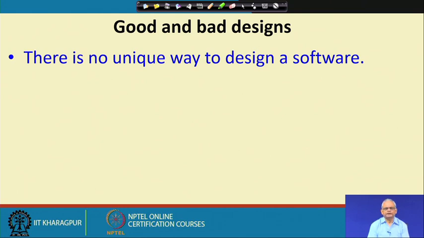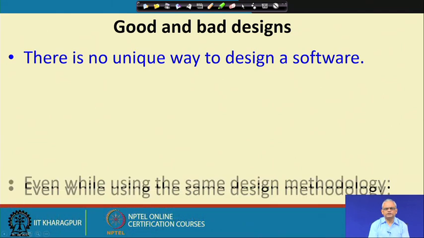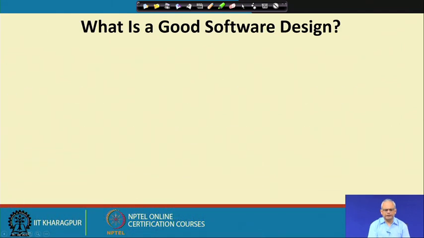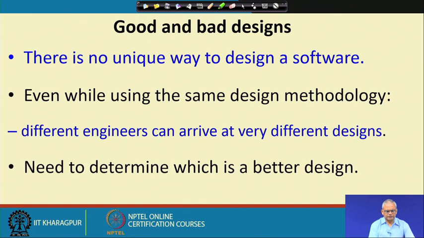We should be able to take the better ones, because it is not a unique way to design a software. We will see that it is always evaluating between alternatives, and for that, we need to distinguish which is a better design and which is an inferior design.